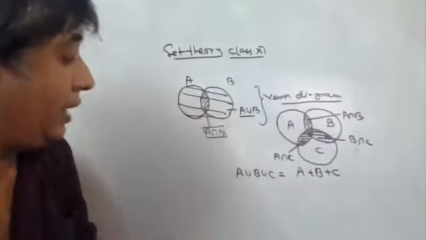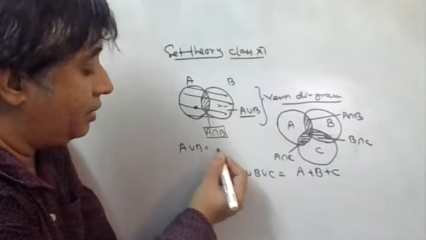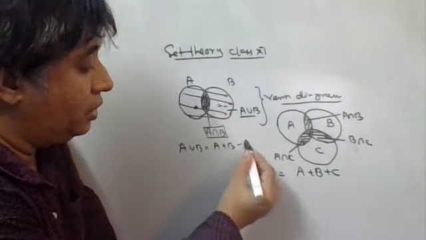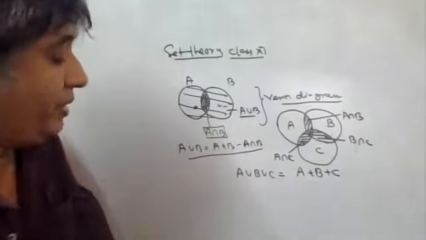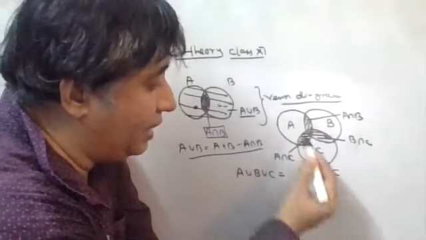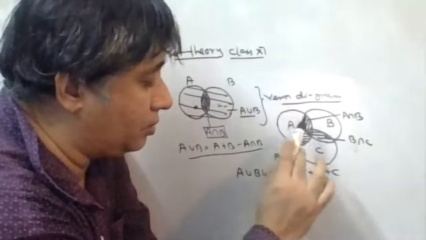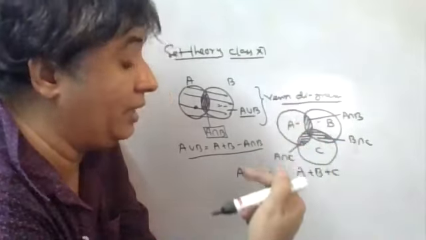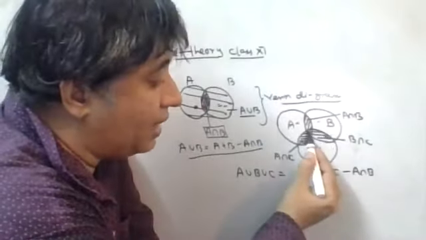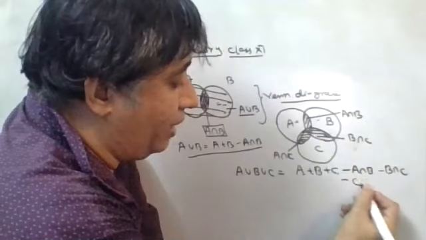But what problem did we have in adding two sets? We got A union B from A plus B, but this common part came twice, so one had to be subtracted. Here also, if you add A, B, C, this common part, common to both A and B, is coming one time extra, so subtract A intersection B. This common part is coming twice, one has to be subtracted, and this one is also coming twice, one has to be subtracted.